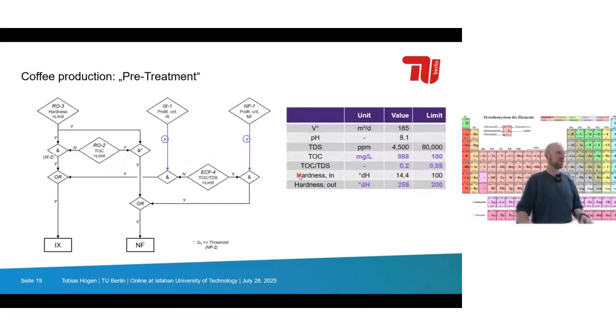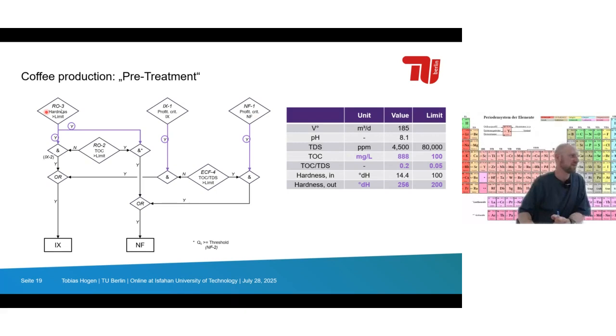Looking at our logical plan, we have the profitability criteria for ion exchange and for nanofiltration. These are true, and we have a yes here. Both of these technologies make economical sense, but on the other hand, we have to check the technical criteria step by step.